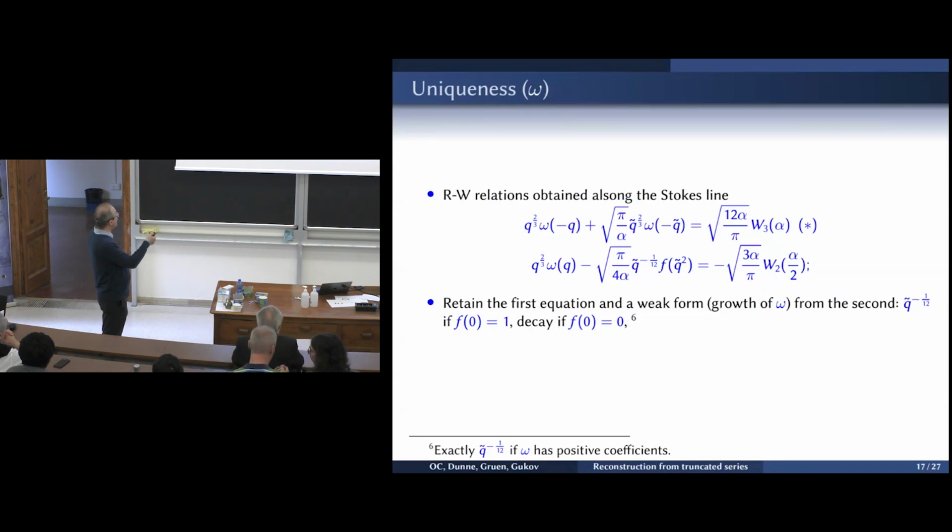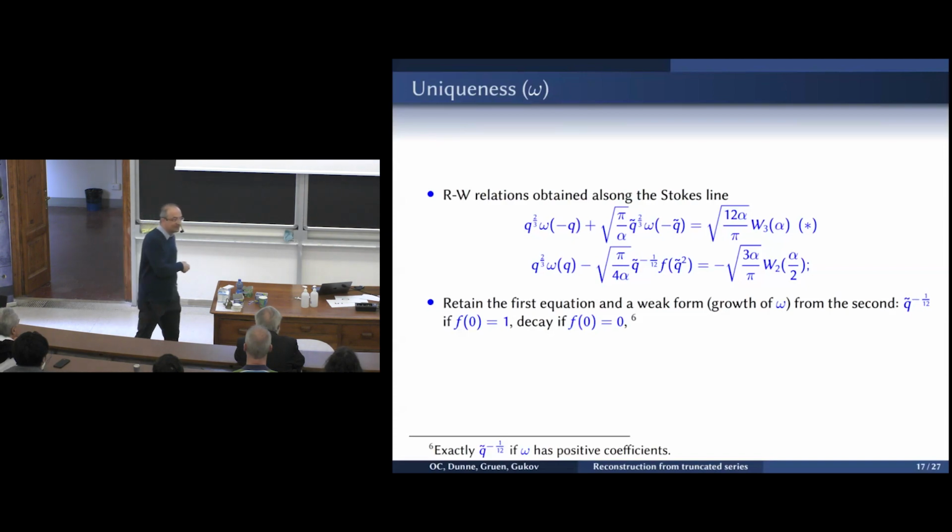and an analysis of the analytic properties of this object shows that as q approaches the natural boundary, omega can grow no faster than e to the pi squared over 12 times the distance to the boundary, which comes from here.